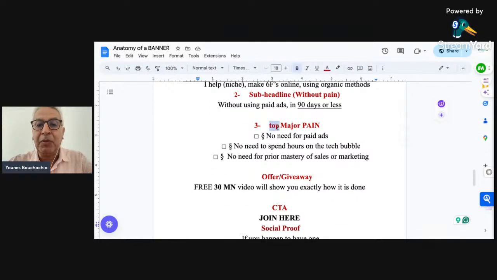Next, the top three pain points are no need for paid ads, no need to spend hours on tech, and no need for prior mastery of sales and marketing. Basically, these were for high ticket affiliate marketing in its first few years. These were the best arguments that people used to have when they wanted to switch from doing funnels and things like that into high ticket affiliate marketing.